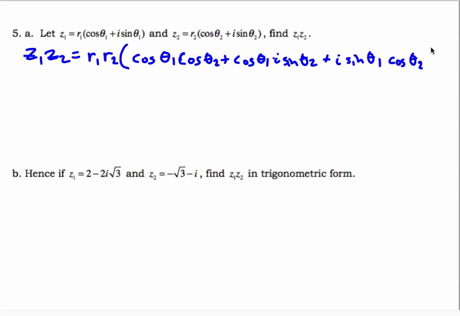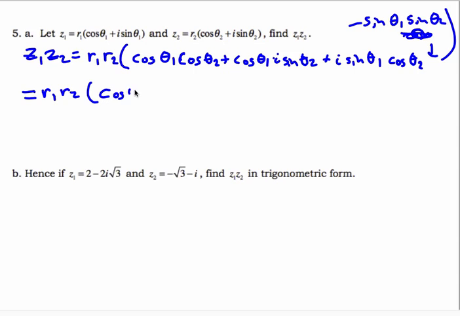And lastly, let me squeeze it in there, i times i is going to give you negative 1, so you're going to have minus sine theta 1 sine theta 2. Okay? And like we usually do, we're going to collect the real parts and the imaginary parts and have those separate.